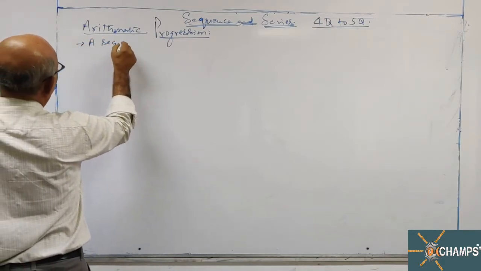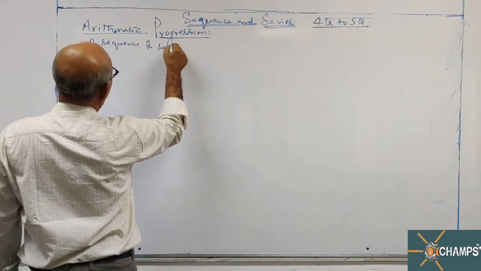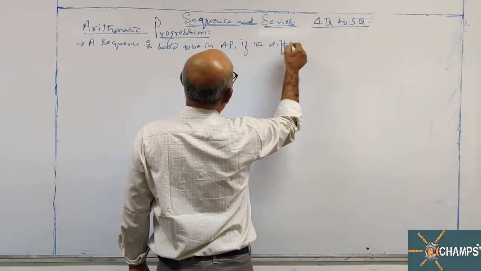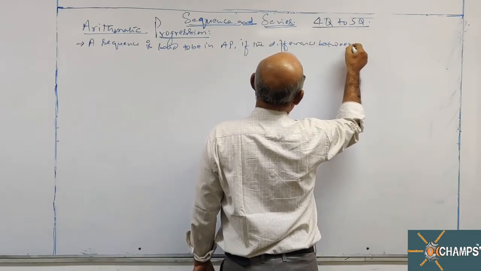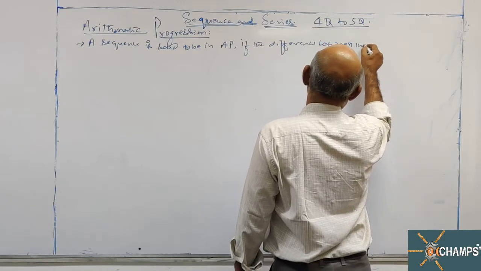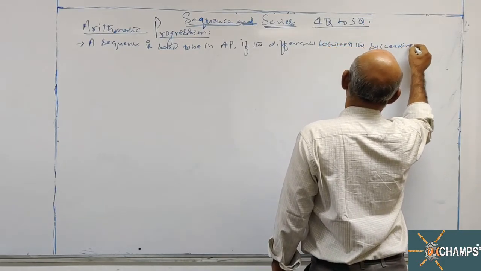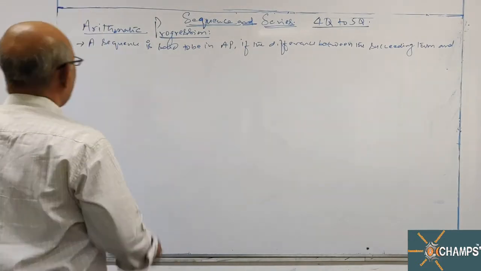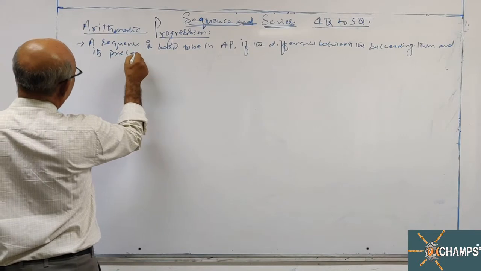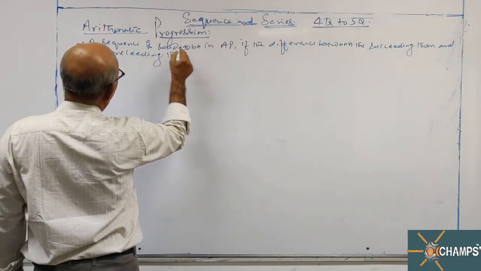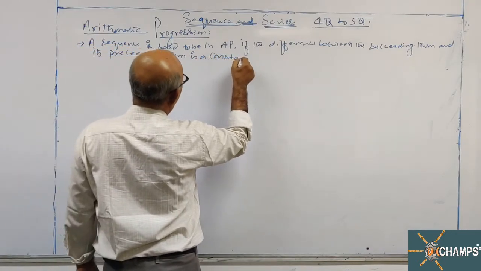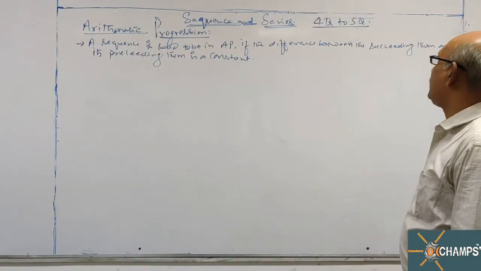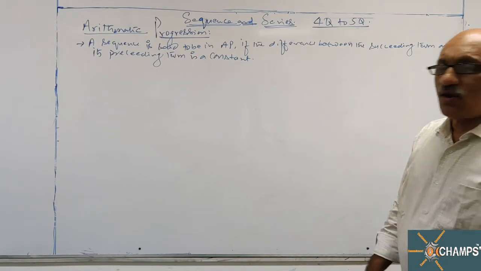A sequence is said to be in arithmetic progression if the difference between the succeeding term and its preceding term is a constant.